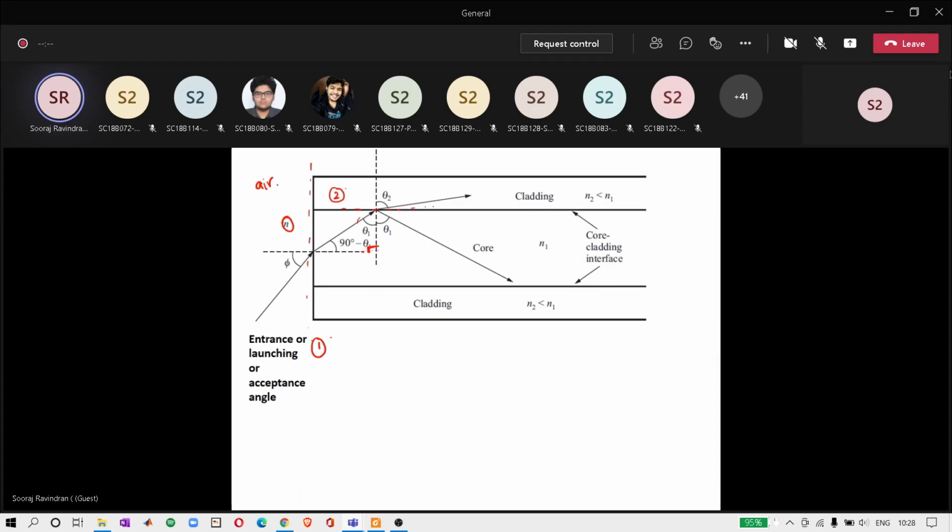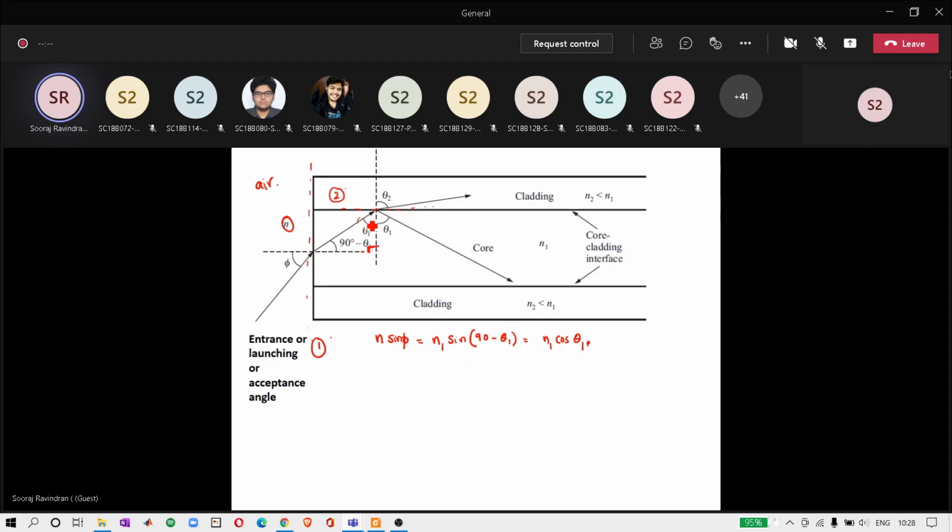You can apply Snell's law at the first interface as well as the second. At the first interface, I get n sine phi equal to n1 sine of (90 minus theta 1), which is nothing but n1 cos theta 1. So you get this relationship at the first interface.